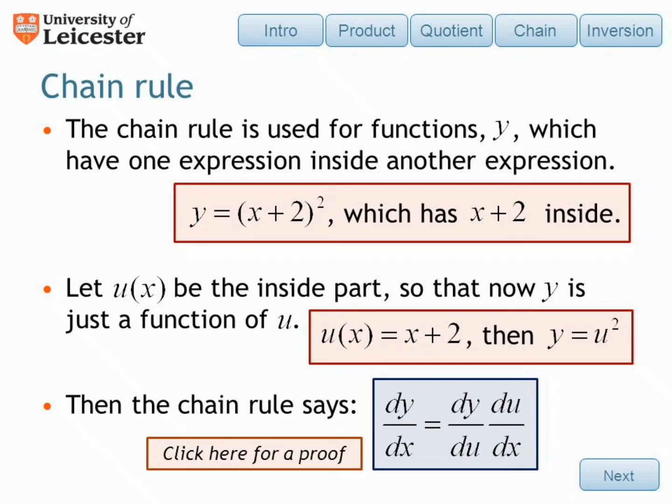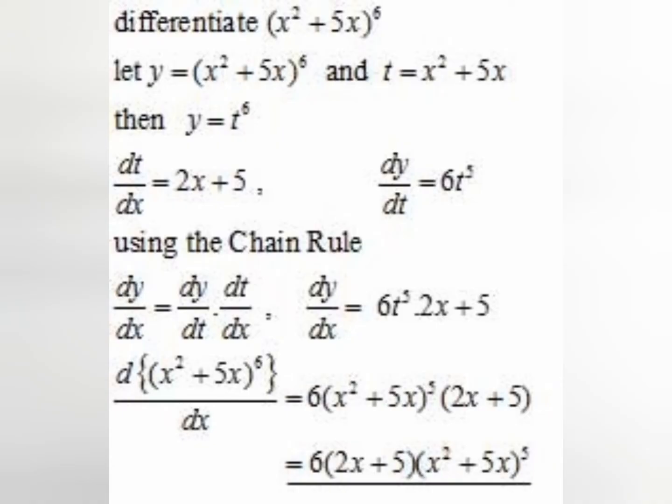So the rule says differentiate dy du, that is the one written as y in terms of u, and then differentiate du dx, that is the one written as u in terms of x, and multiply the two. In our first example, the inside bracket is represented with t and y becomes t to the power 6.